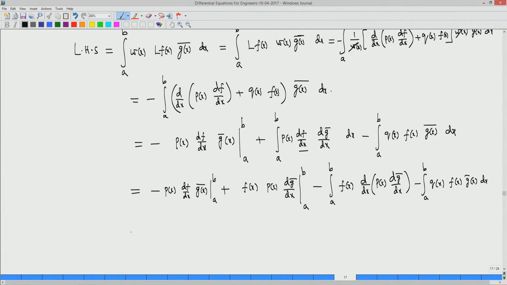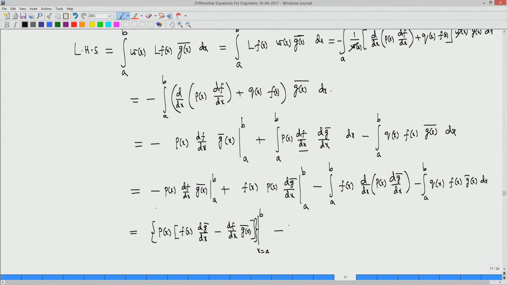So, this is equal to, if you put all these boundary terms, the first two, p(x) is common, p(x) times f(x) dg bar/dx minus df/dx into g bar(x). For this whole thing you take limits, x from a to b: this whole quantity at b minus the whole quantity at a.